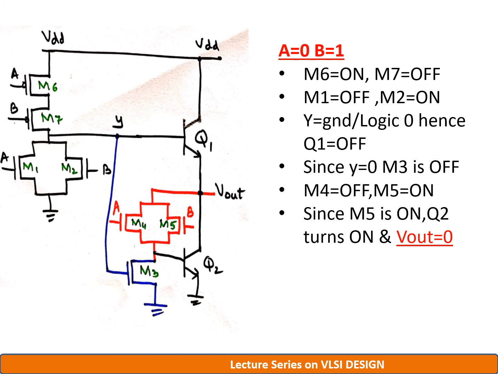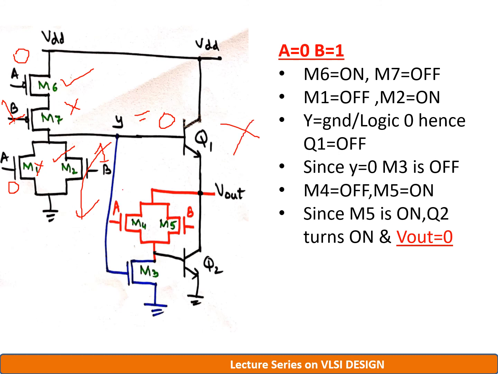Similarly, when A is 0 and B is 1, M2 transistor will turn on, M6 will turn on, M7 will be off, M1 will be off, hence Y value will be 0. Y will get 0 because M2 is on. Since Y is 0, 0 volt is fed to base of Q1, hence Q1 will go into off state.